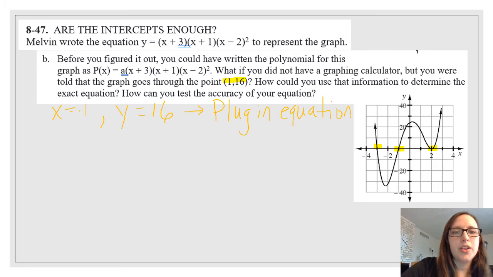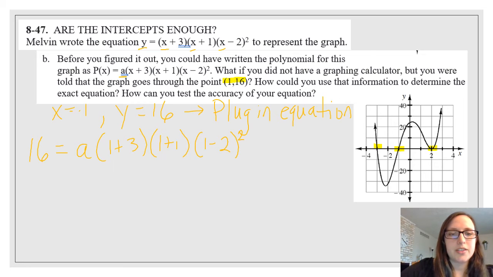The very first number, 16, goes in for y. We're going to leave a, since that's what we're trying to solve for, and then we're going to put a 1 in every place that there's an x. So it's going to be 1 plus 3 times 1 plus 1 times 1 minus 2 squared.